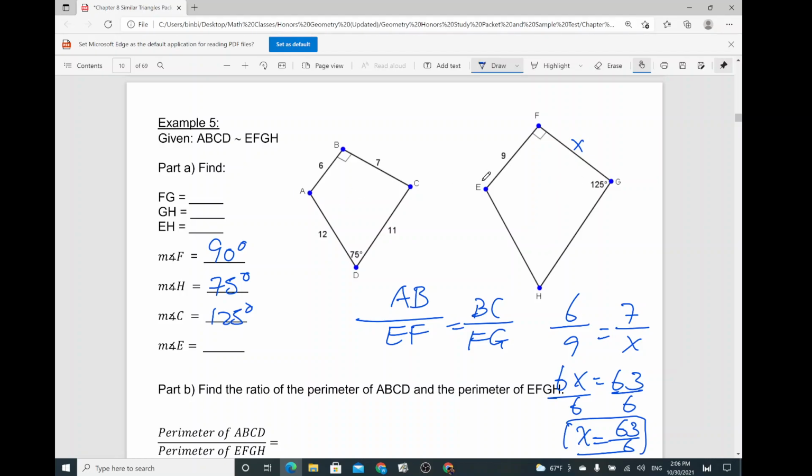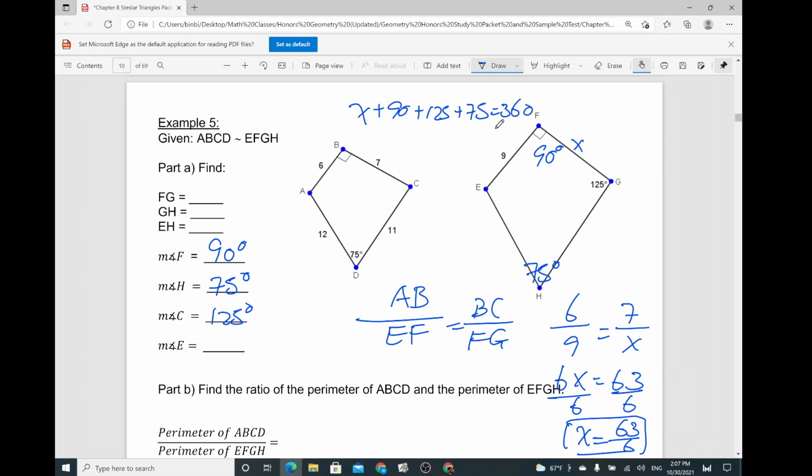And then angle E, in order to get this, we use the sum of the measures of all the interior angles of a quadrilateral. So this one is 75, this one is 90. Basically just combine all the angles of this polygon and set it equal to 360.